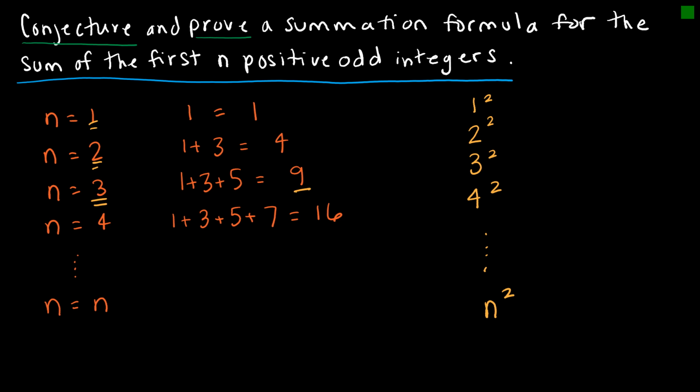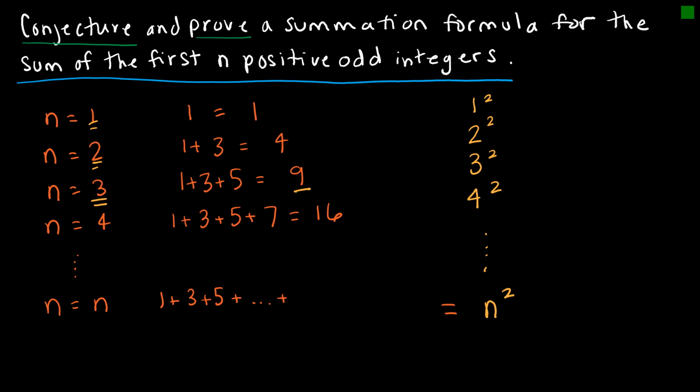What I also need to look at is how would I write this in terms of n on this side, because remember, I want this to be my statement that the sum of all of these values is equal to n squared. And so I have to look at what would I do with n to find the next integer.